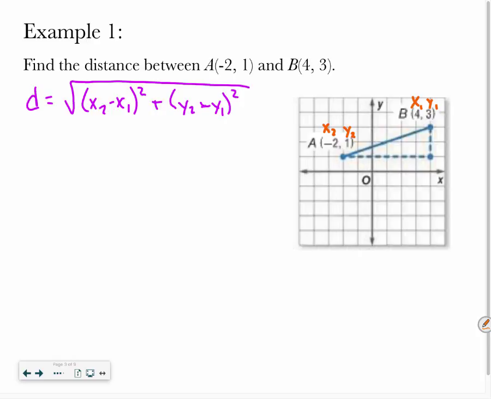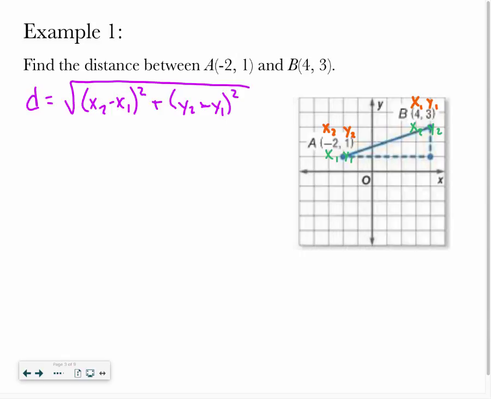If you did it the other way around, you would end up at the same answer. It's okay if you wanted to treat this as x2, y2, and x1, y1. You would end up with the same answer as what I'll get doing it the other way. It's just very important that you stay consistent, just like when we talked about slope, okay?